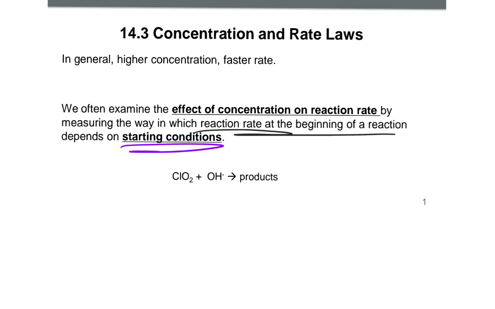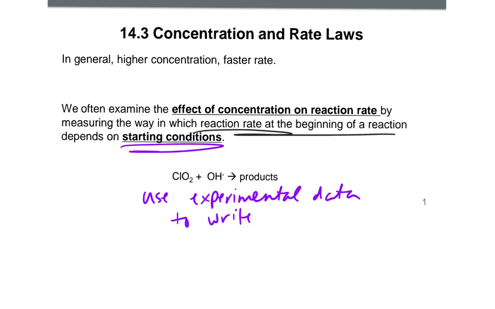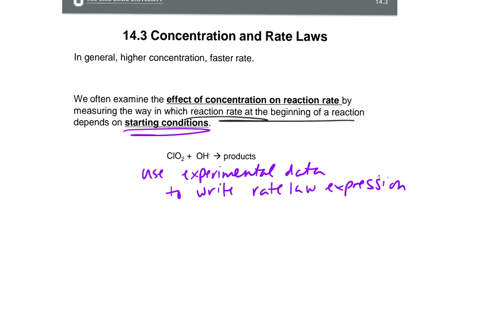All right. So what we're going to do is use experimental data to write a rate law expression. And rate law expressions have a general form, and they start with the word rate.